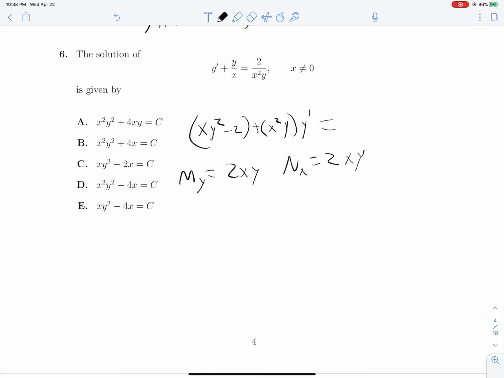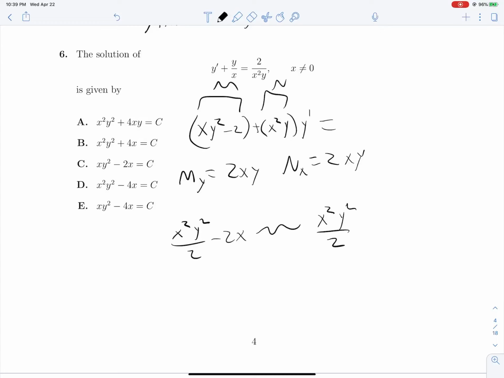So what we can do now, just like in the last question, we can take the integral of m dx, and that'll just give us x squared y squared over 2 minus 2x, and then this integral here we're comparing with x squared y squared over 2.